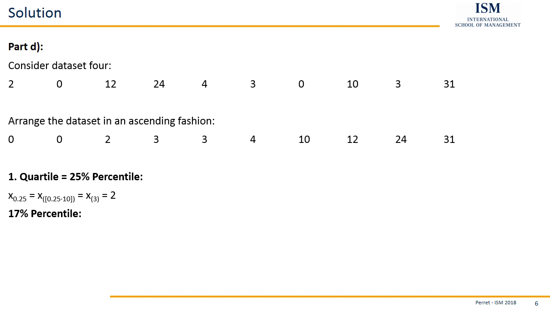For the 17% percentile, we multiply 10 with 17%, have 1.7, rounded up as 2. So at the second position, we find a 0. And for the 72% percentile, we multiply 72% with 10, have again 7.2, rounded up as 8. At the 8th position, one can find the 12.